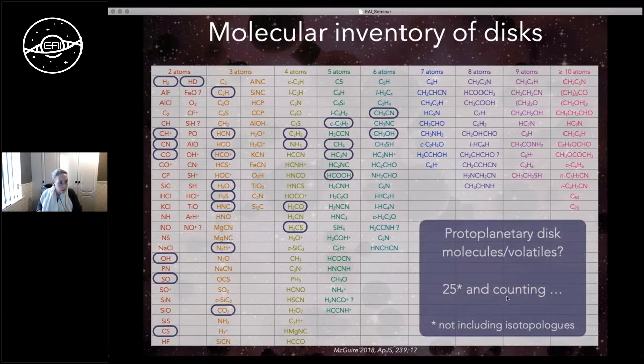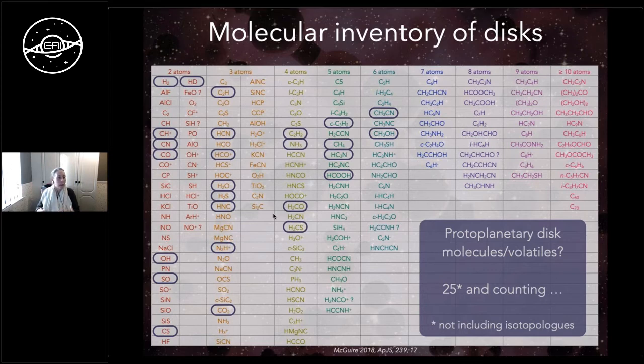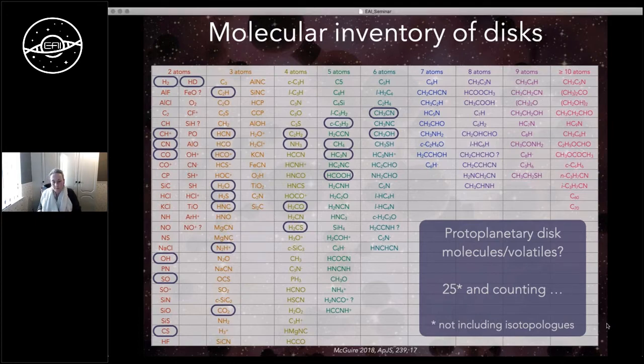We have around 25 molecules out of the 200 plus or so. So of order 10% of detected molecules in space have now also been detected in protoplanetary disks. This gives us a huge reservoir of information, exploiting those properties that we can extract from molecular line observations.